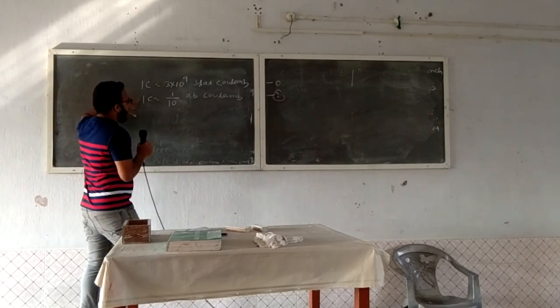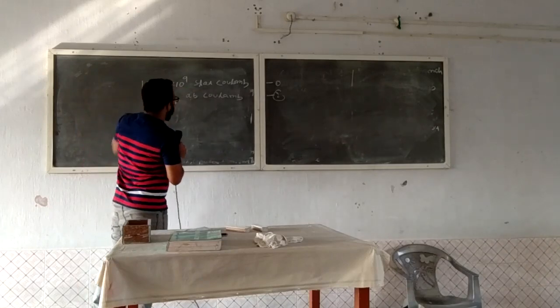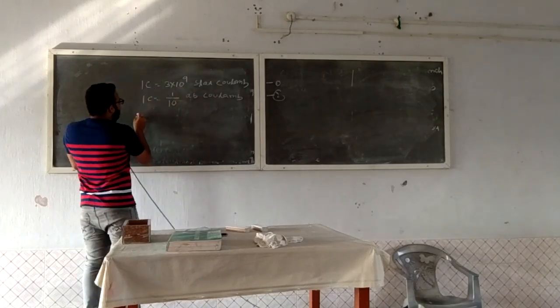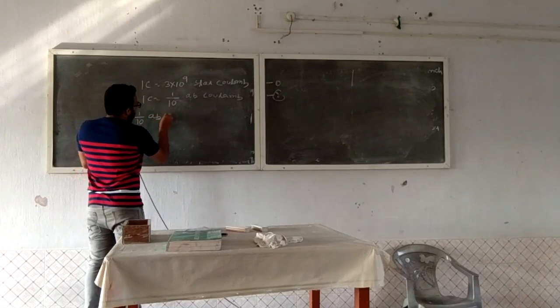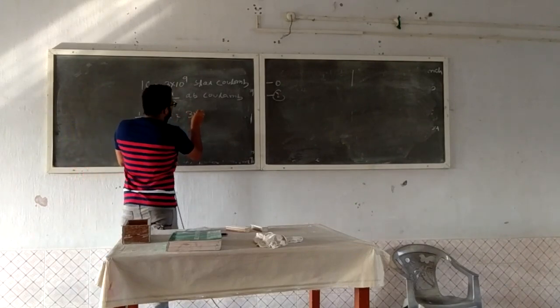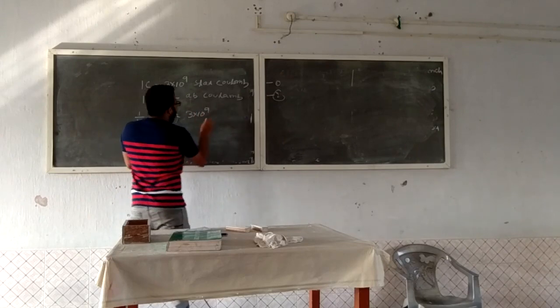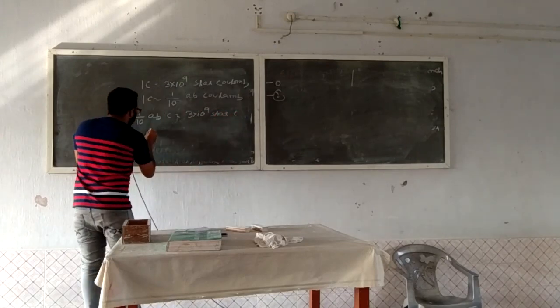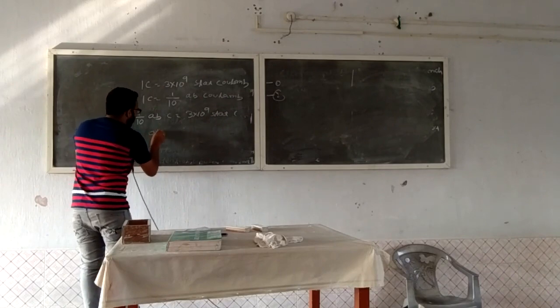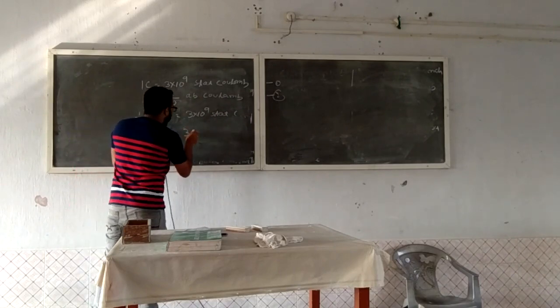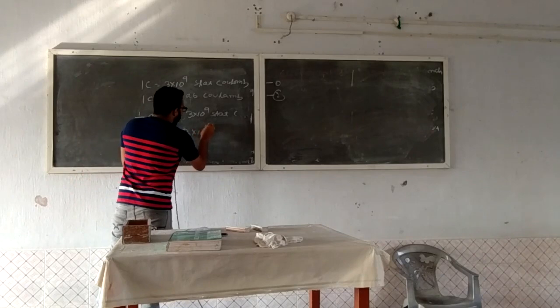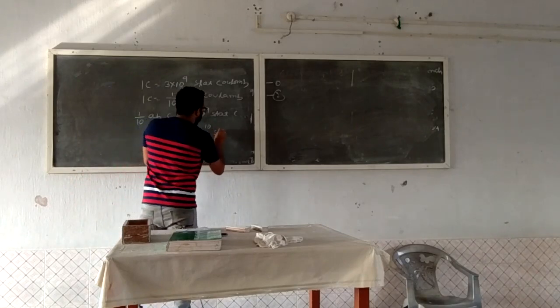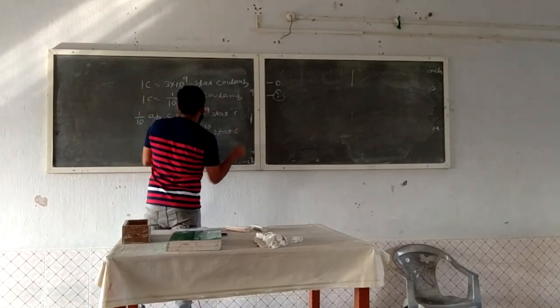So similarly, we can write the RHS are also equal. So we can write 1 by 10 F coulomb equal to 3 into 10 to the power 9 statcoulomb. So we can write F coulomb equal to 3 into 10 to the power 10 statcoulomb. Yes or no?